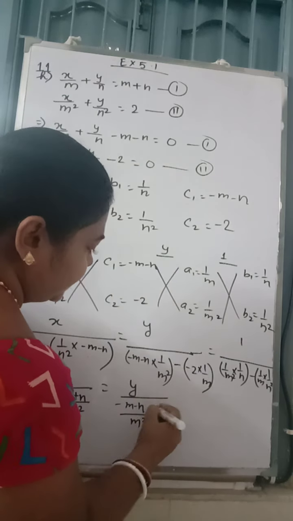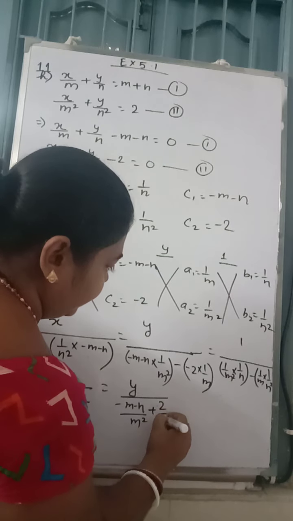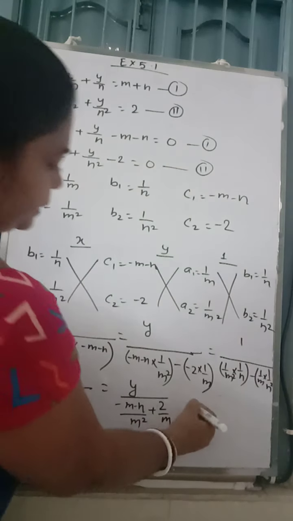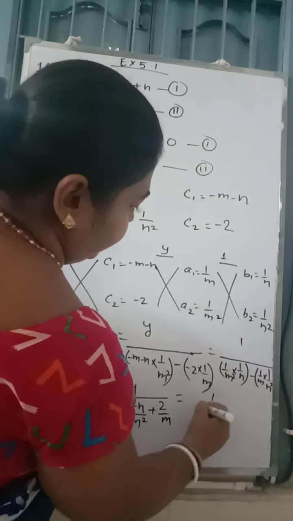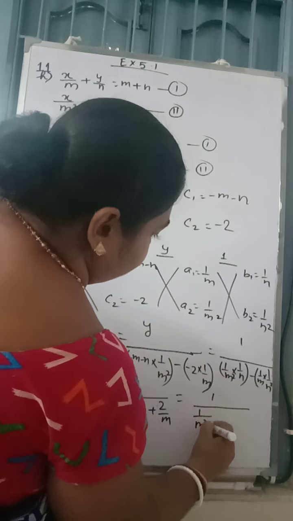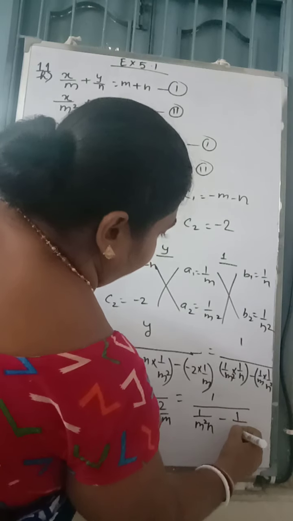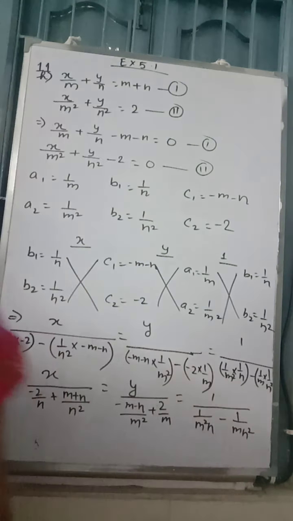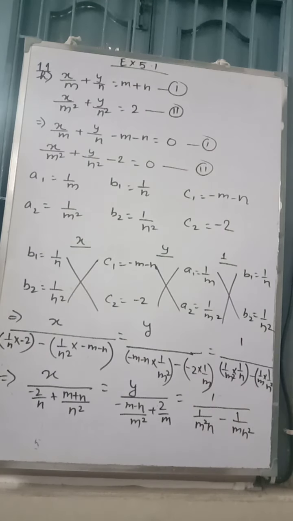This is minus minus plus 2 by m is equal to 1 by m square n minus 1 by m n square. This much we have got.